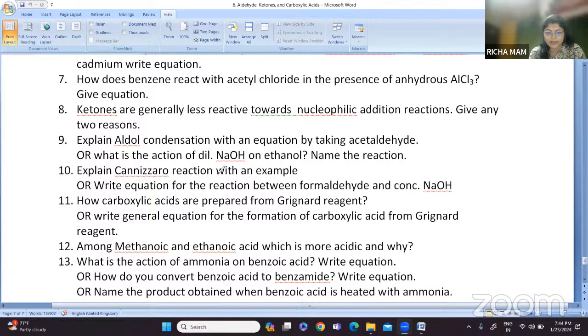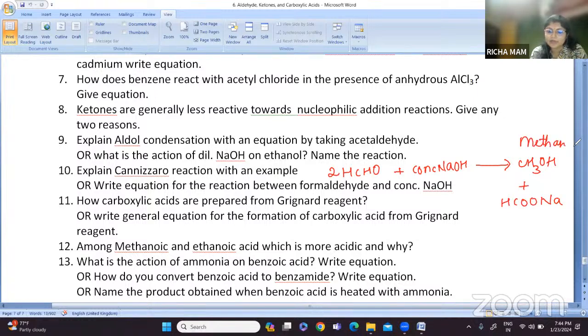Let me write the equation. If I give you the equation, 2 moles of formaldehyde, HCHO, reacts with concentrated NaOH. One will undergo oxidation and another will undergo reduction. You get methanol and sodium formate, which is a carboxylic salt.